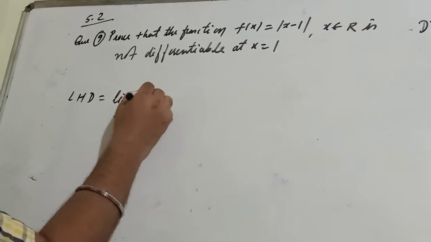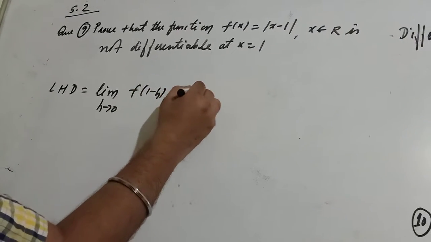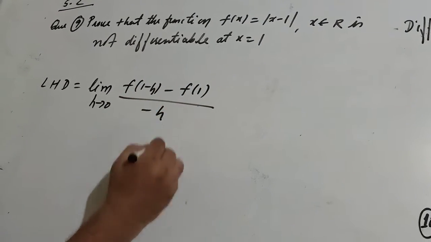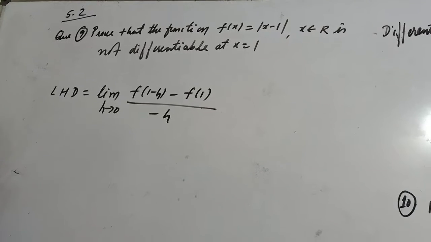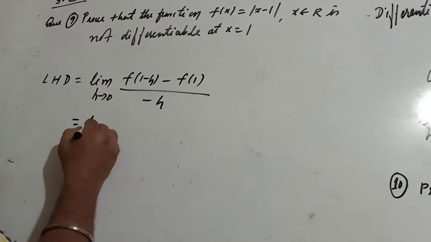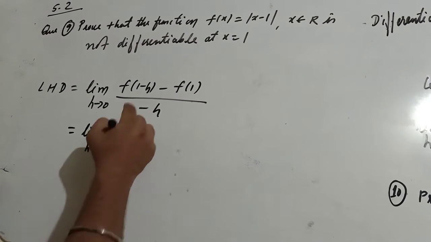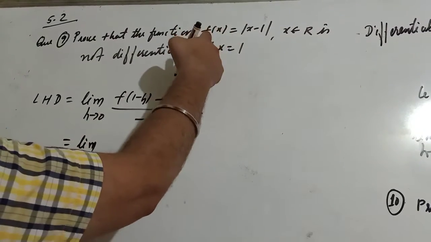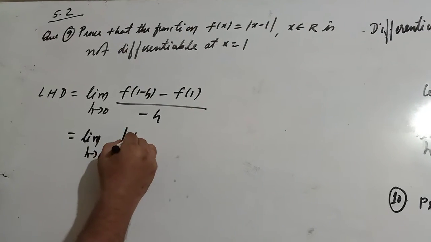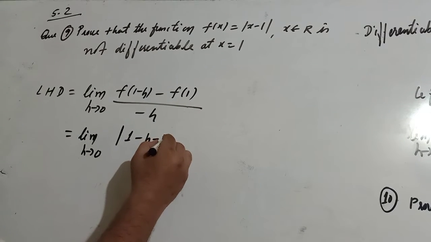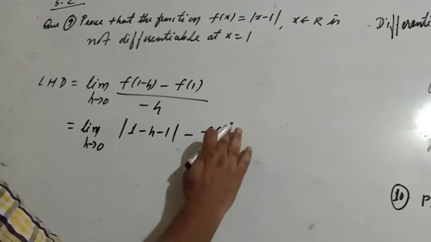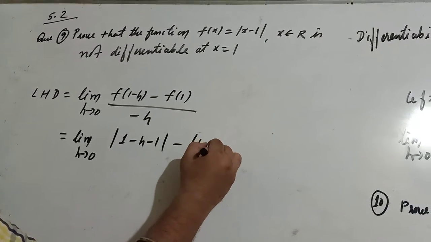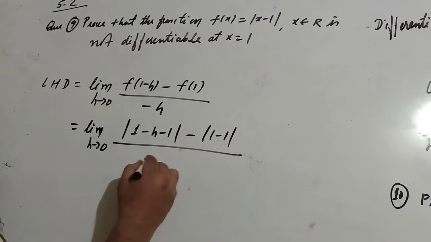Limit h tends to 0, f of 1 minus h minus f of 1 upon minus h. Here a will be 1, because we have to find differentiation at 1. So this is limit h tends to 0. How can you write f of x is mod x minus 1? f of 1 minus h is mod 1 minus h minus 1, minus f of 1. f of 1 is mod 1 minus 1, upon minus h.